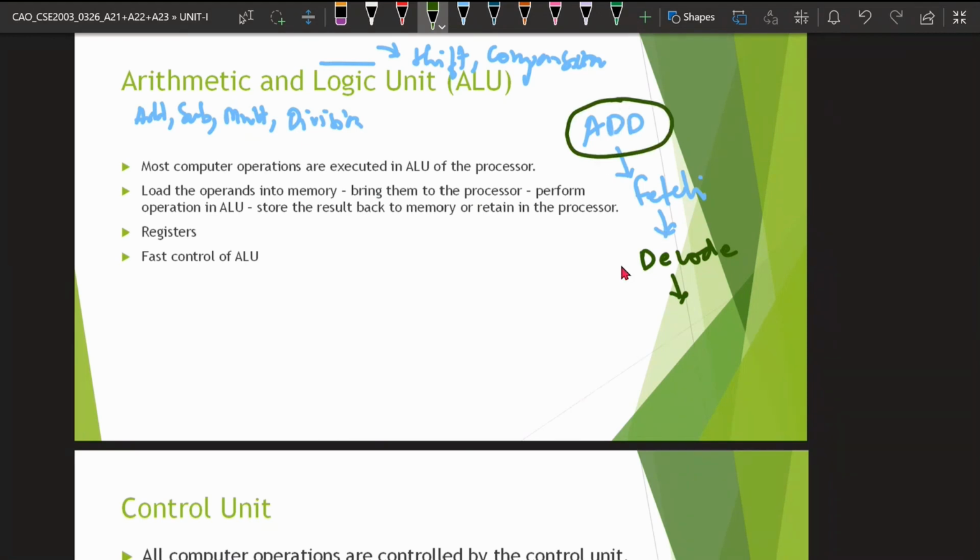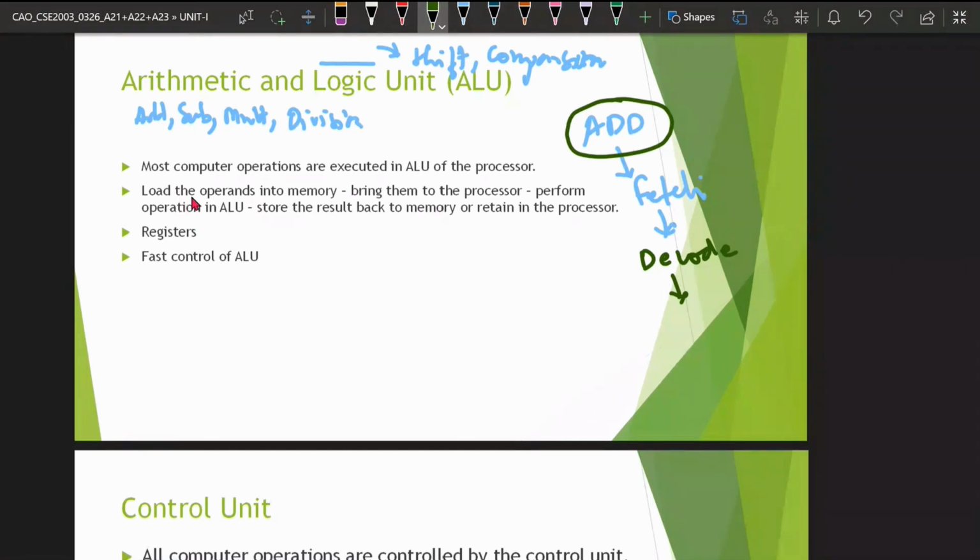So the microprocessor will tell the arithmetic logic unit to do the addition. The addition will be performed as an arithmetic operation, and different operations are there. We will see these operations in assembly language programming also.